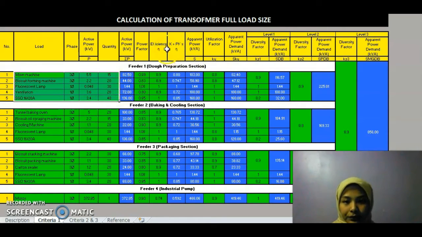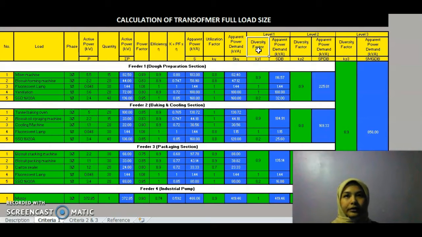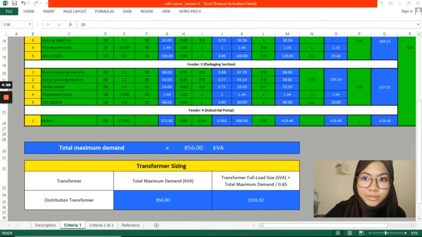And then the utilization and diversity factor is not constant, but it depends on how frequently the load is being used in one day. Okay, then after inserting all the details, this tool will automatically calculate the total maximum demand. My name is Nur Christina Iman binti Mahathir, 88170081.